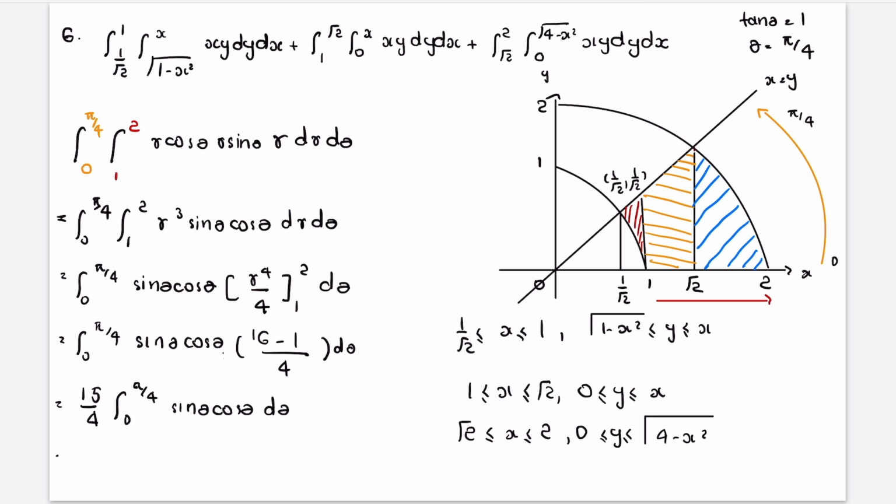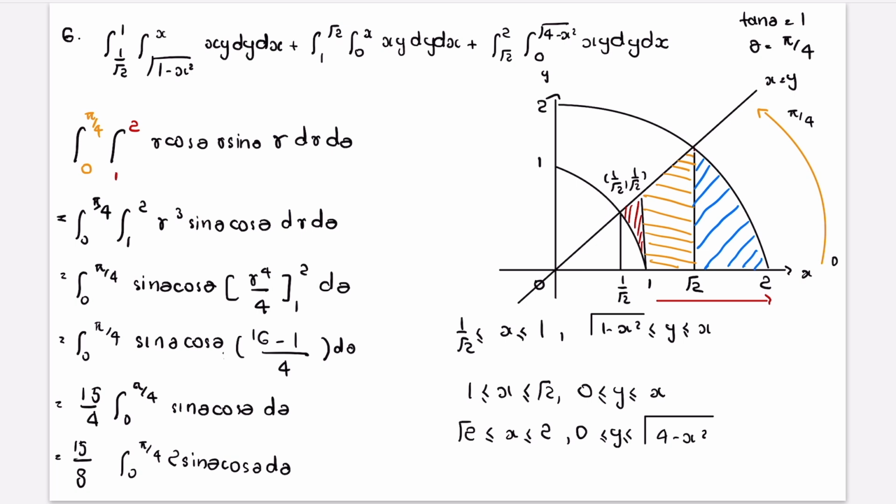We need to find the theta part. So we cannot do that directly because we cannot integrate sin theta cos theta like that. So to integrate that, we will substitute with 2. Since we substitute 2, we need to also multiply here. Okay, so what is 2 sin theta cos theta?